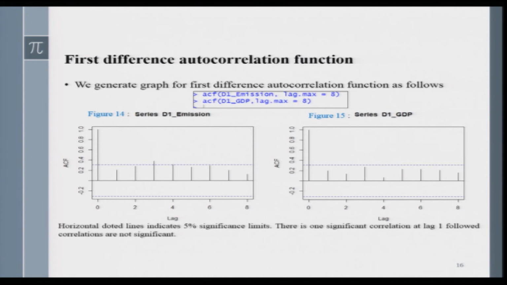Now if I look at the case of the GDP variable, we see that only at 0 there is one big spike, but no other spikes go out of the horizontal band for any lag. So, for GDP we have a clear-cut case of stationarity. In the case of emissions there is a small problem at lag 3, but as the value of the ACF is too small, we can ignore it. We can say that okay, emission is also difference stationary.